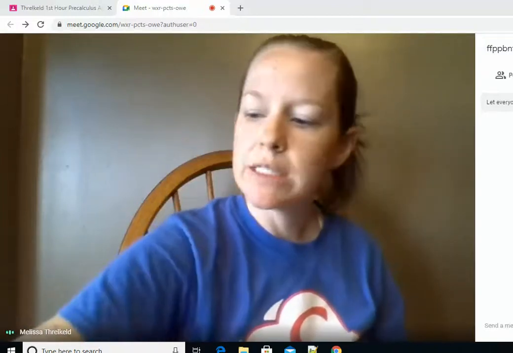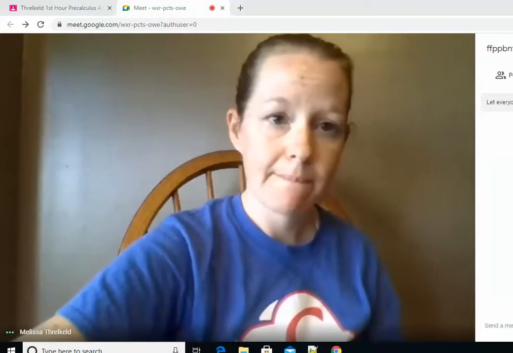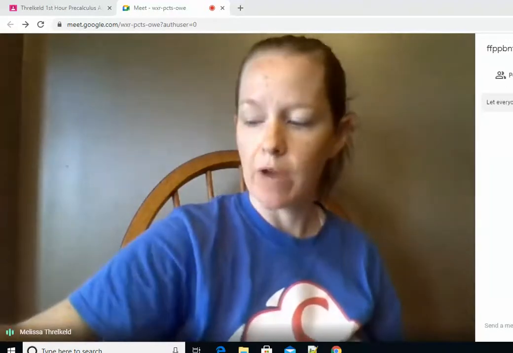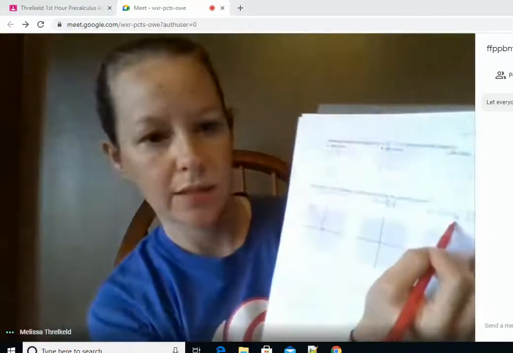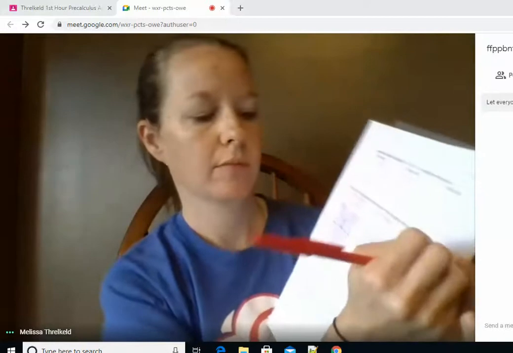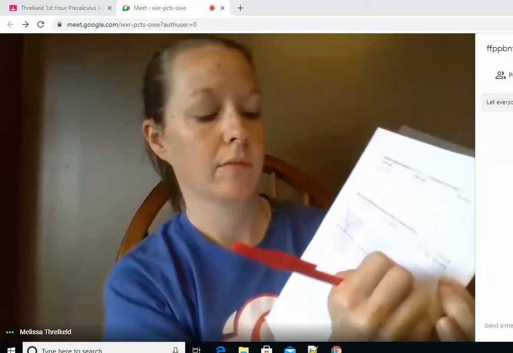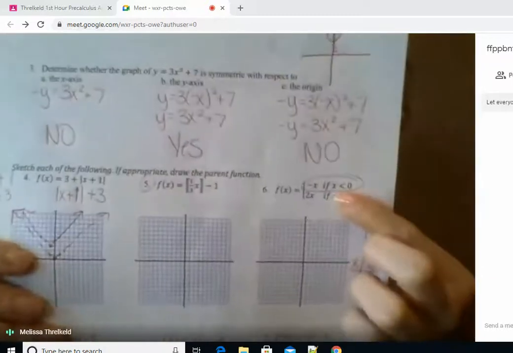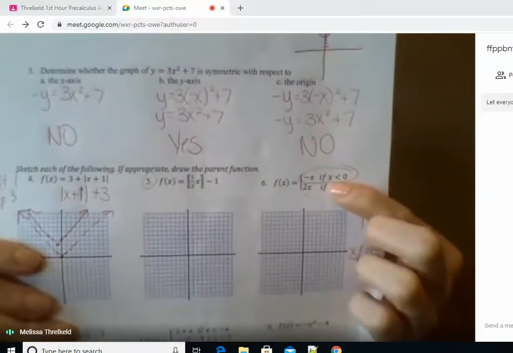Number 6, how do we graph piecewise functions? Right. You need an x-y t-chart for each piece. So here we have to have 2 of them. Okay, so if I'm graphing the first piece, it tells me we use this piece if x is less than 0.